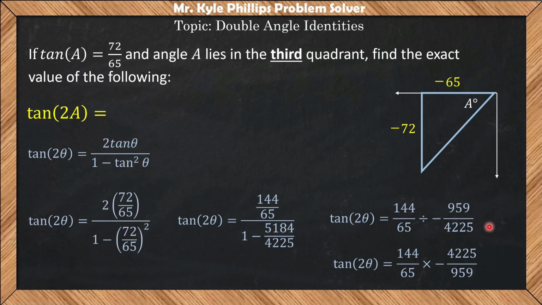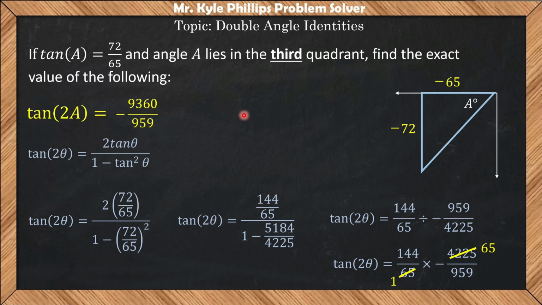Now, one thing that may help is to simplify where you can. 144 and 959 won't simplify at all, but 65 can go into 4,225, and that would reduce to 65 here. So it's just going to make the multiplying a little bit easier, because now I can say 144 times 65 all over 1 times 959.